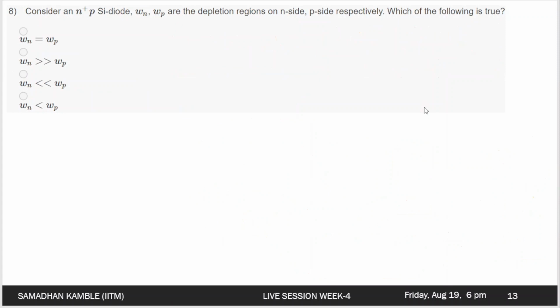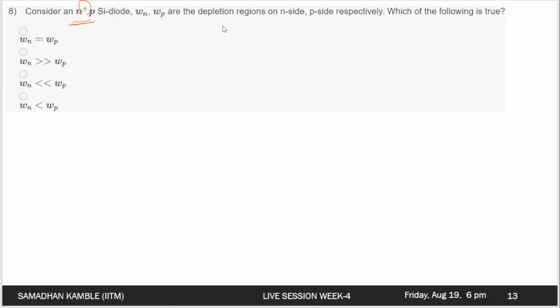The question is as follows: consider an N plus P type silicon diode, an N plus P junction, in which Wn and Wp, we consider Xn and Xp, but let us stick to this notation, are the depletion regions on the N side and P side respectively. Which of the following relationships is true? The plus here signifies that the N side is way more highly doped than the P side.